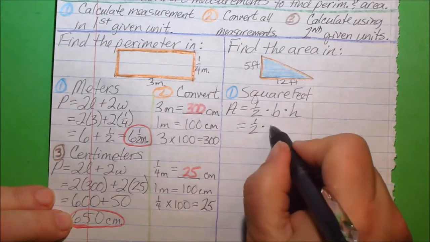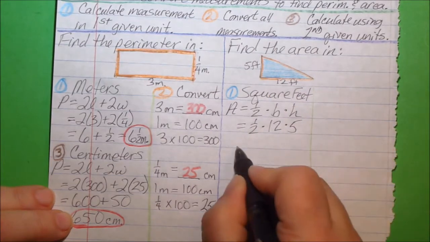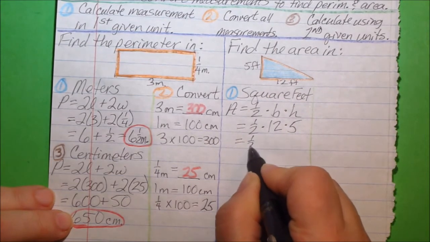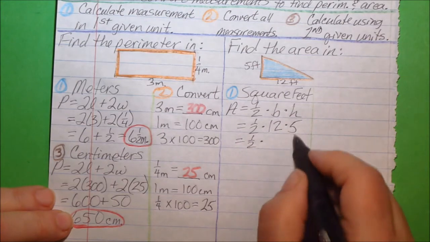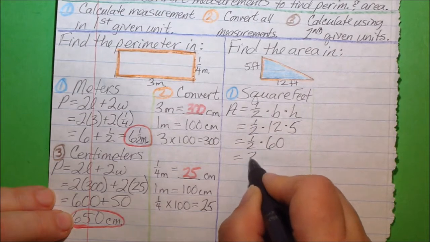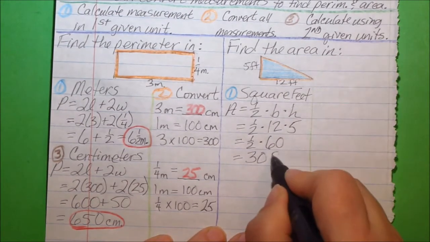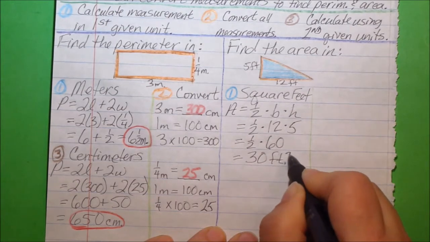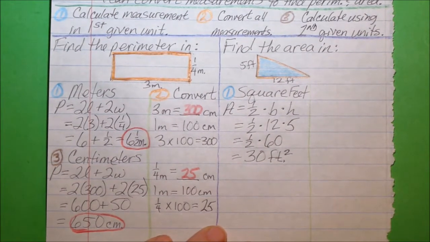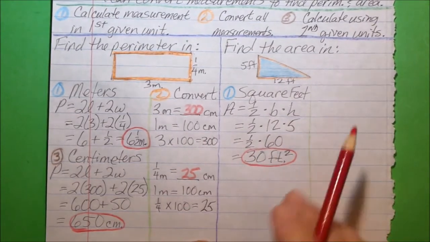I know the base is 12 feet. I know the height is 5 feet. Now do the math. I bring down the 1/2. 12 times 5 is 60. And 1/2 of 60 is 30. So now we're dealing with area, so it's going to be feet squared. Don't forget that squared.